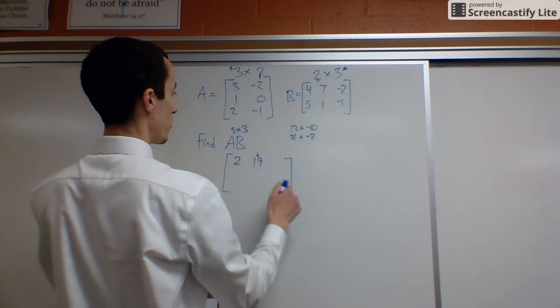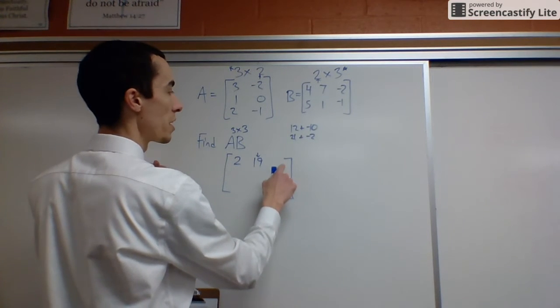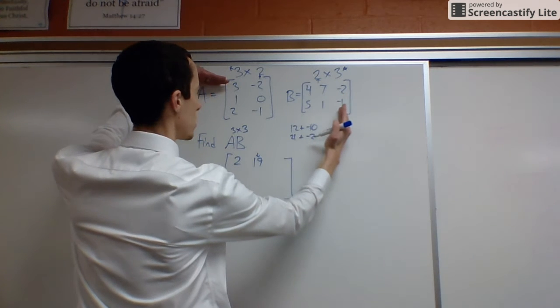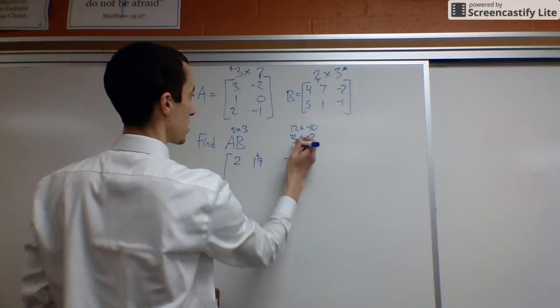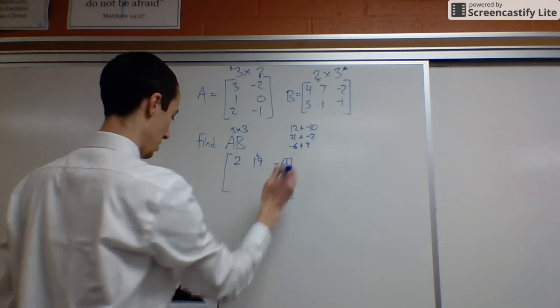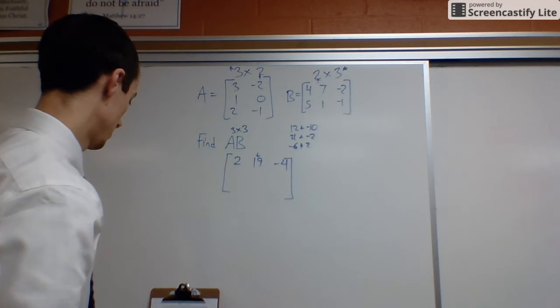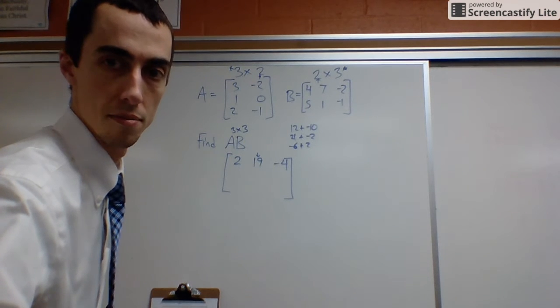Then for row 1, column 3, we go to row 1, column 3: 3 times negative 2, negative 2 times negative 1, giving us negative 4. Let me pause here just a second.